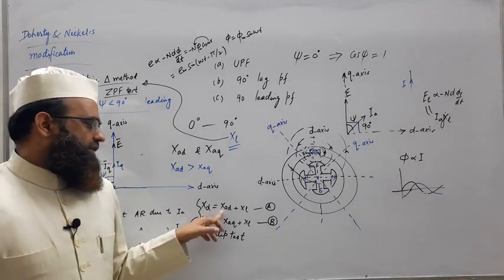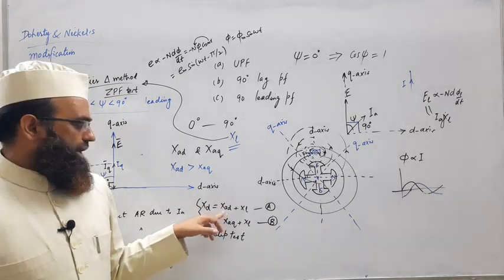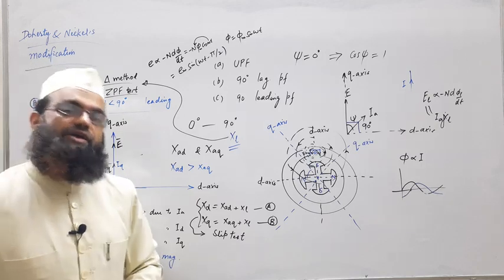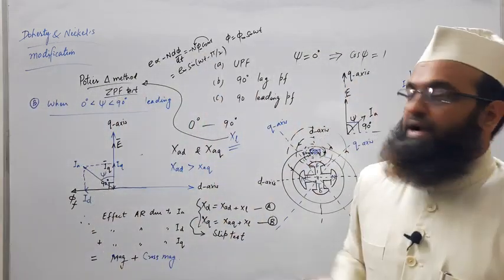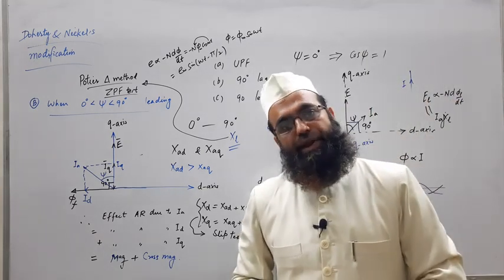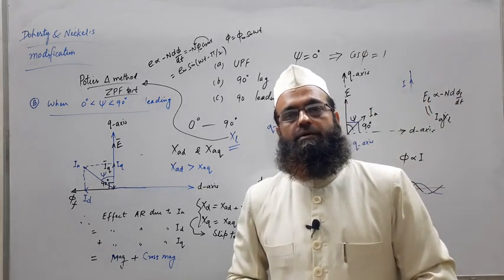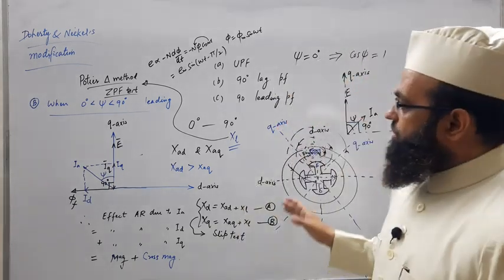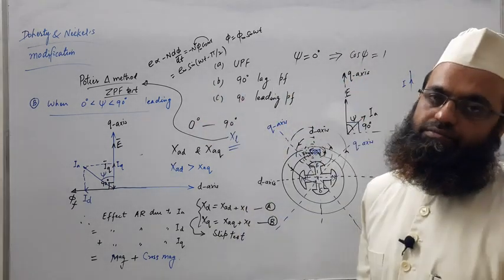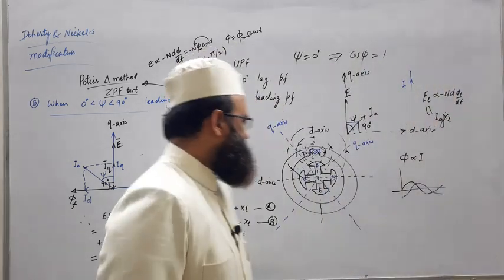Then we can easily evaluate these two hypothetical components XAD and XAQ, assumed by Doherty and Nickle in order to study the effect of armature reaction for various power factor angles. Fine.